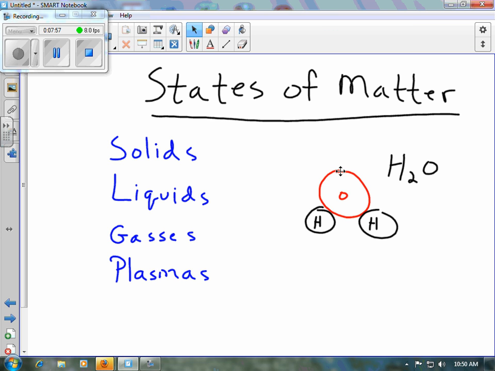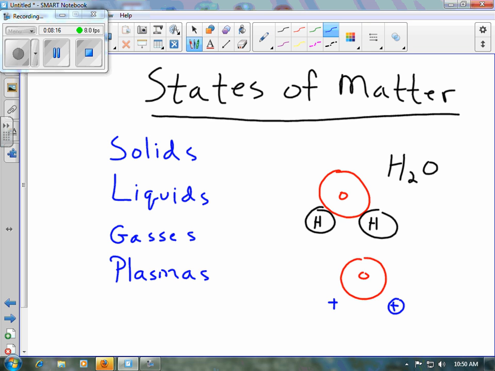Now, the oxygen is very electronegative. So what happens is, if we look at this, I'll just draw the oxygen atom again as it is, but then we'll draw the hydrogens. You've got your positive nucleus on each hydrogen, and then you've got your electron cloud.